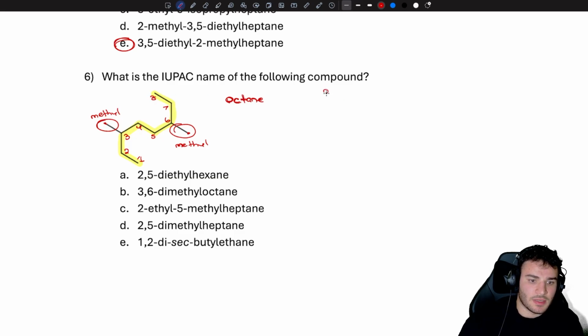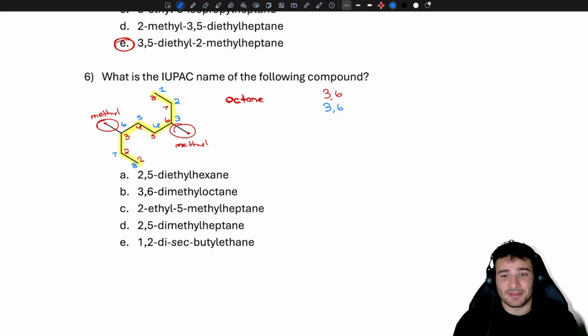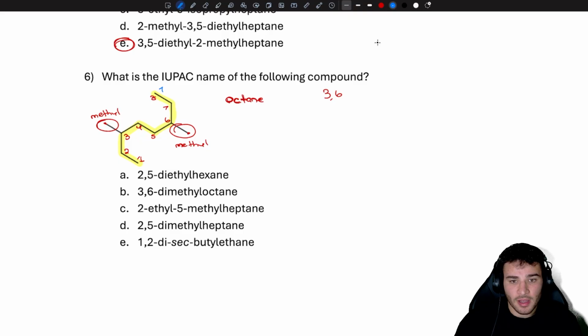So our substituents would be numbered 3 and 6. And now if we numbered the other way around, we would end up with 1, 2, 3, 4, 5, 6, 7, 8. And so again, our substituents would be numbered 3 and 6. So it actually doesn't matter at all. We can just go with our first option. It would be the same thing no matter what.